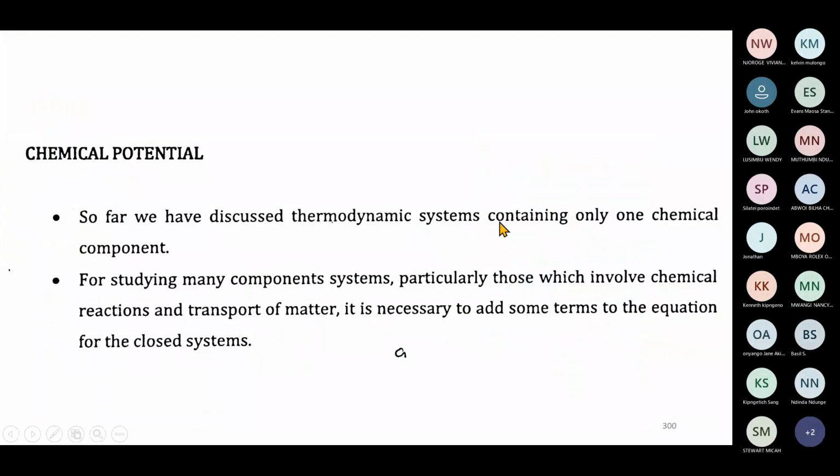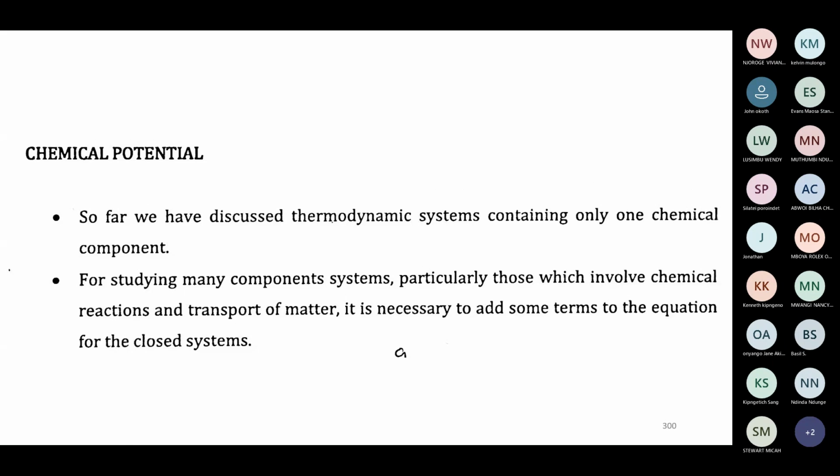Okay. So I want us to talk about chemical potential. So far, in our discussion on thermodynamics, we have looked at systems that contain only one chemical component. But usually you can have systems that have many components, especially those that involve chemical reactions and transport of matter.